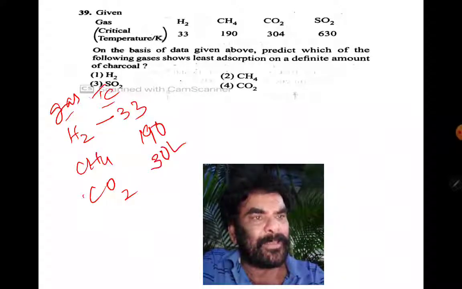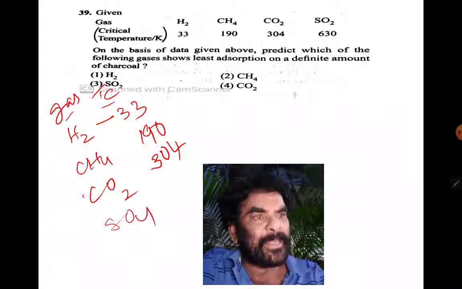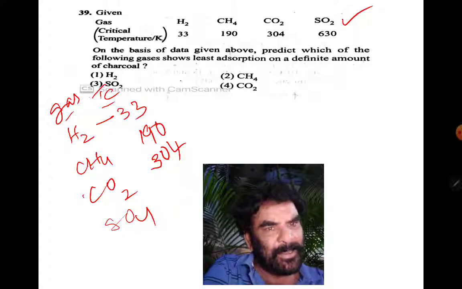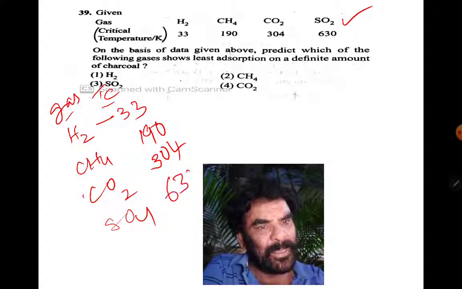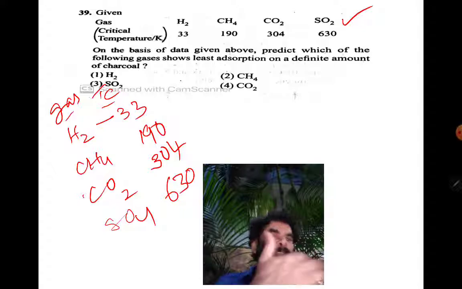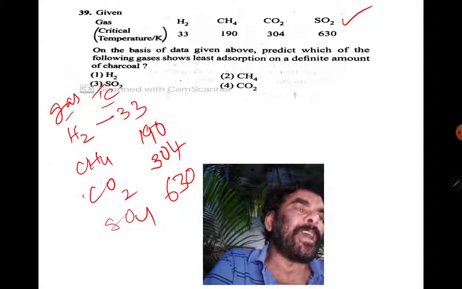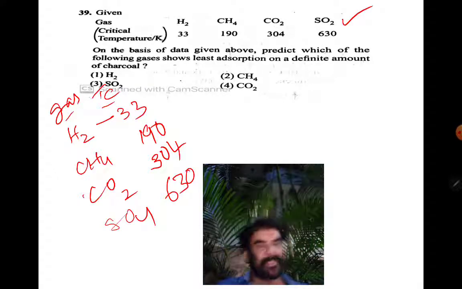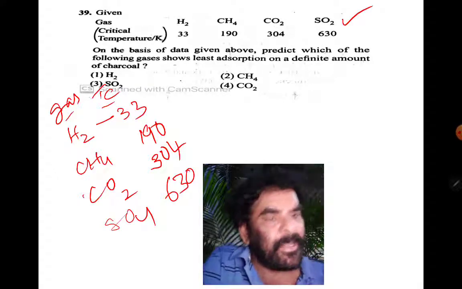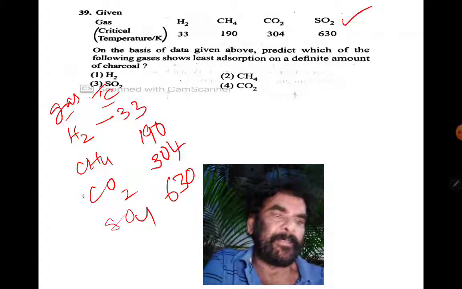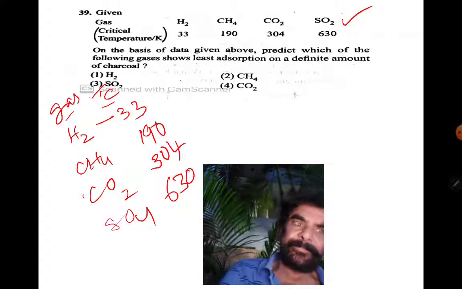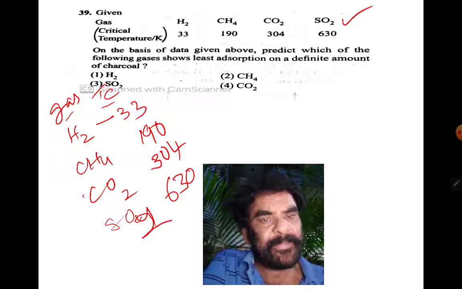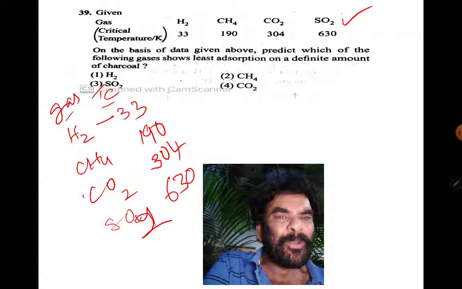Sulfur dioxide does not obey the gas laws under any conditions, because TC is the measure of the intermolecular attractions. The higher the TC, the greater the intermolecular attractions. Greater the intermolecular attractions, the ideal nature is less, right? Sulfur dioxide.